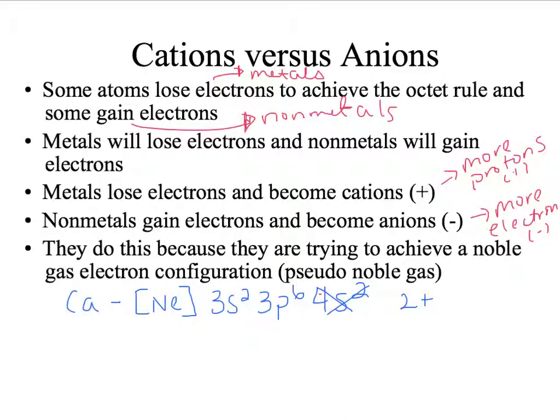On the other hand, if you look at a nonmetal, like chlorine, if I abbreviate its electron configuration, I've got neon, and then 3s2, 3p5 is its electron configuration. Well, it's a nonmetal, it's a halogen, it's in group 17, so it just needs to gain 1 electron.